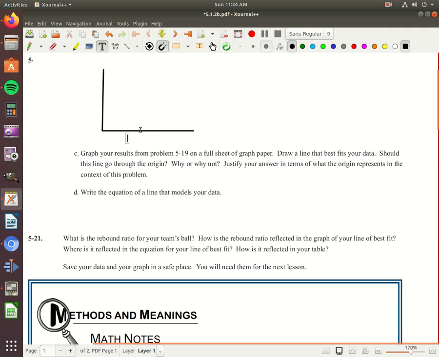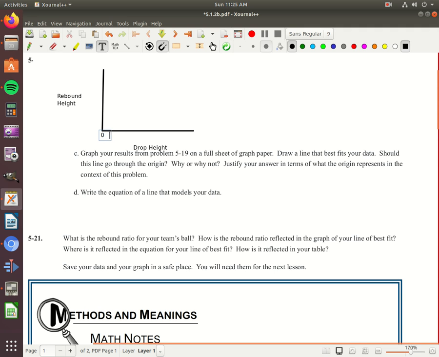You'll remember we said that this was going to be our drop height, and this was going to be our rebound height. Actually, now I regret putting this here at all, so I think I should put this down lower. Drop height. So let's make a scale that goes this way.